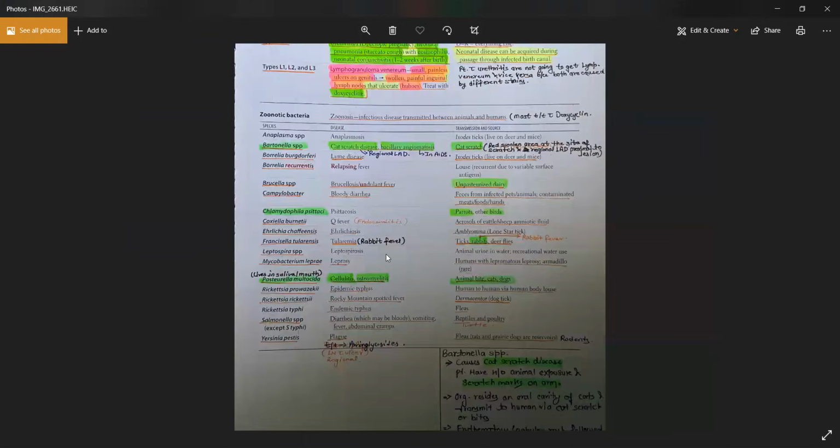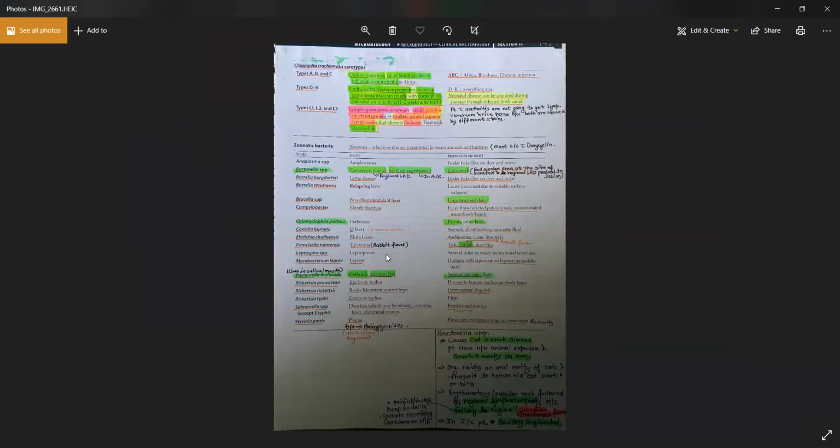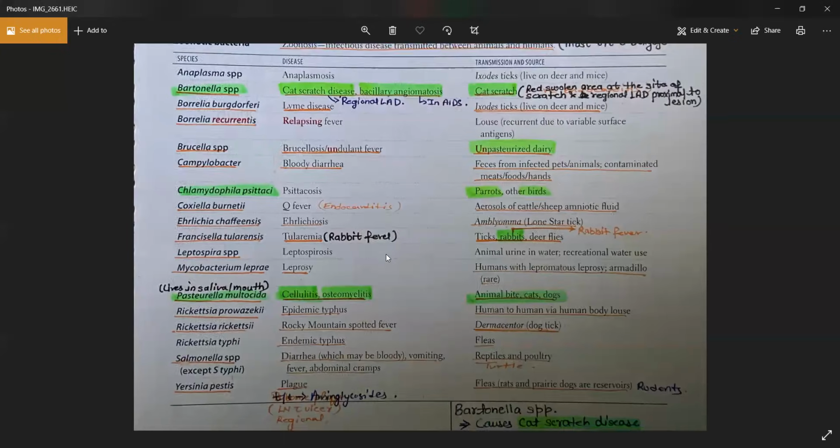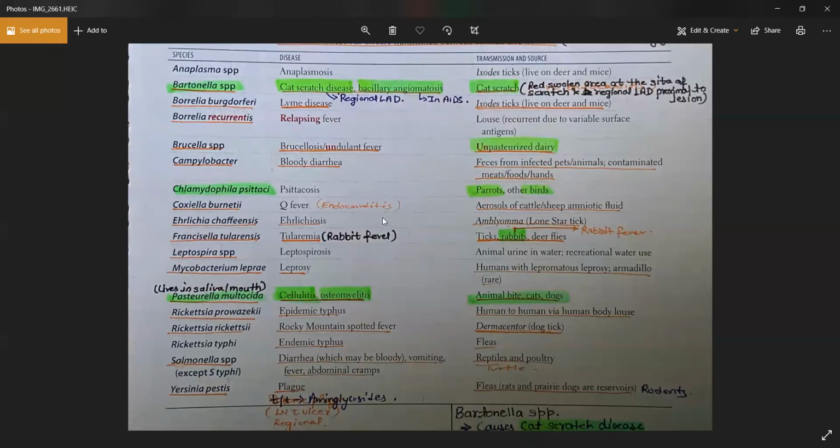So you have written, besides Q fever, endometritis. Where? Besides Coxiella burnetii, Q fever, you have written in red. Yeah, it is endocarditis. It is a cause of the endocarditis.